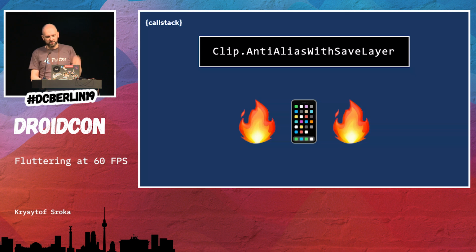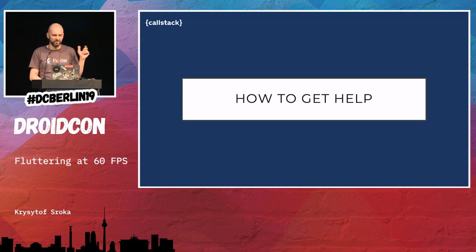So use this option sparingly. I mention it here also because this is easy to overlook. You don't do much. It's just a single parameter to one of your widgets, and suddenly your application might get so slow it's unbearable.